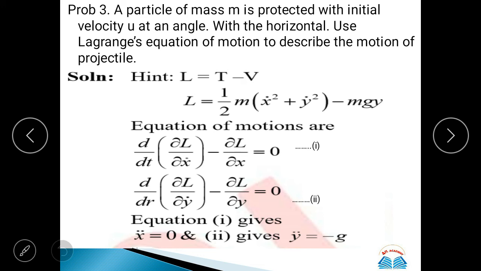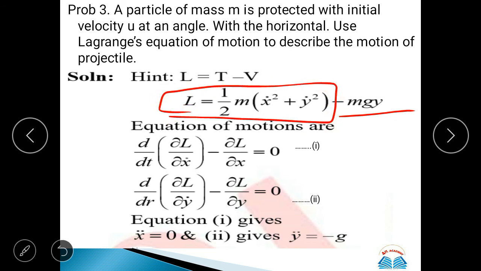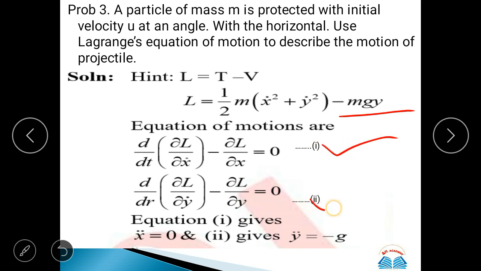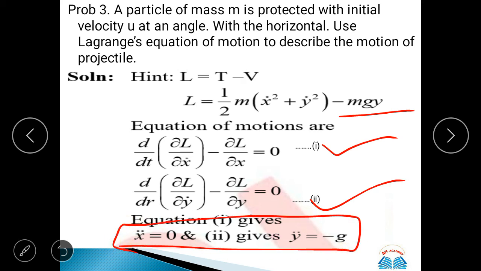So I'll take here again mgy, and kinetic energy is half m times (x dot squared plus y dot squared), and there will be equations of motion for the x coordinate as well as for the y coordinate, and we will apply some limits or constants also.